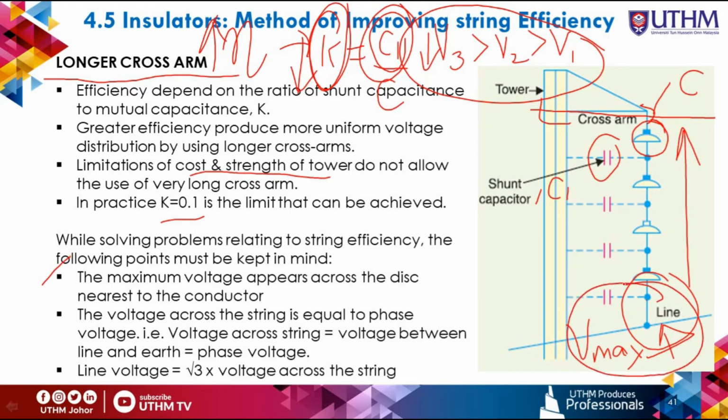So this must be the highest value of the voltage, the Vmax. If you do an example tutorial and the voltage here is not the highest value, then it is wrong. You must make sure that the maximum voltage is at this point near to the conductor.